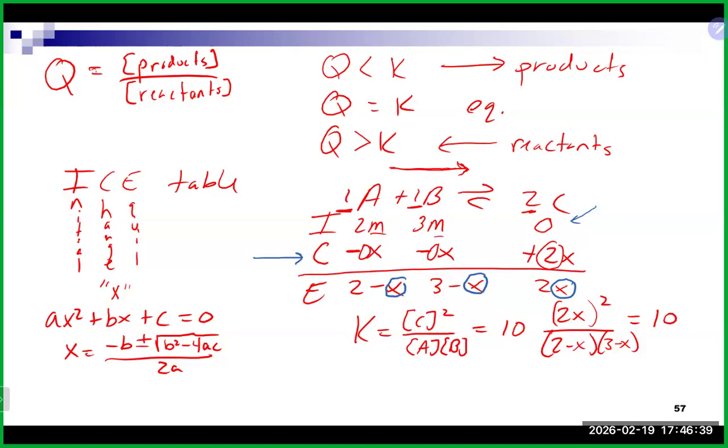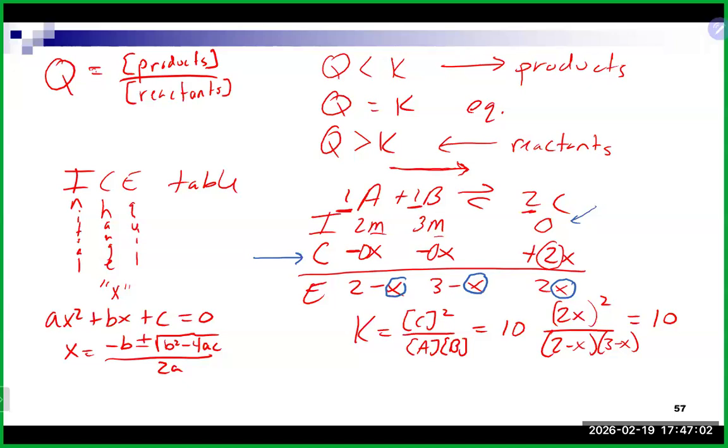As I said before, probably 99% of the time, it's almost like a no-brainer. It's probably going to be heading toward the right-hand side in the products, and you could almost safely go minus and pluses. But there are a few times that it does pop up that perhaps it might be going in the other direction. And really, again, if you have starting amounts of everybody, you should calculate the Q and worry about it at that point.